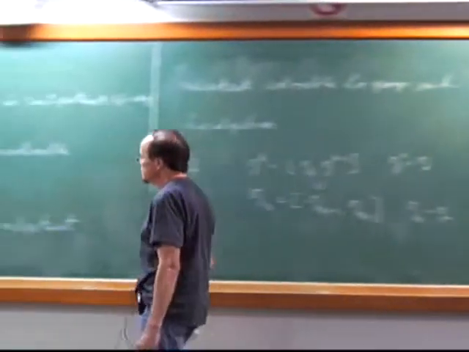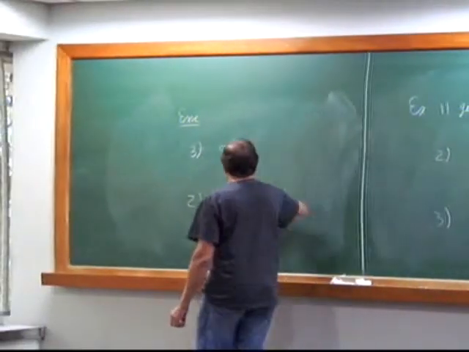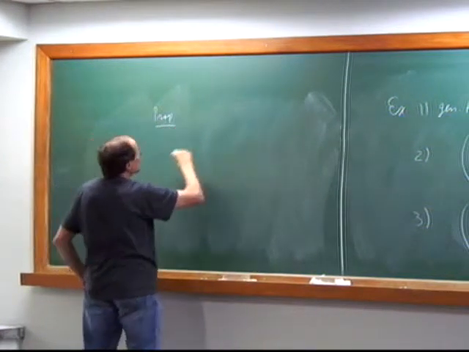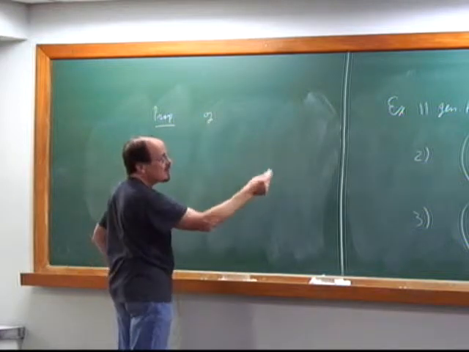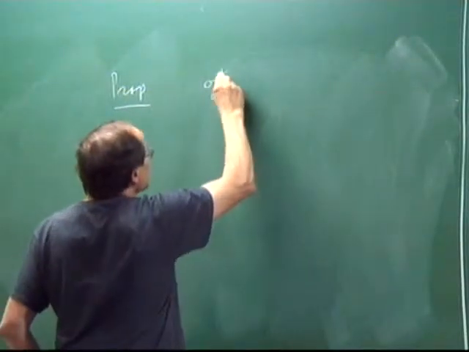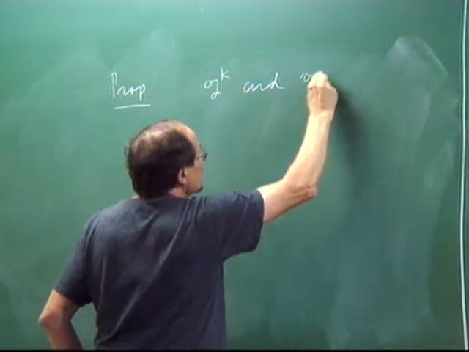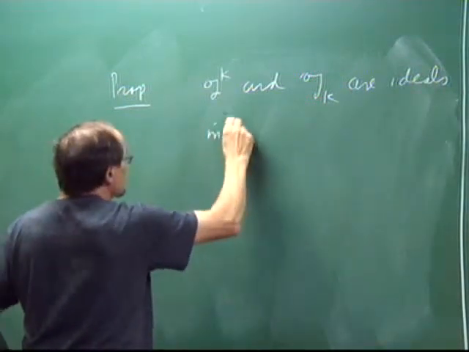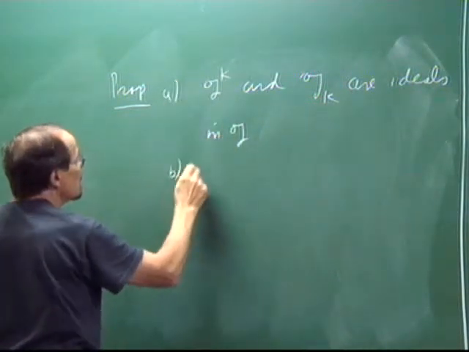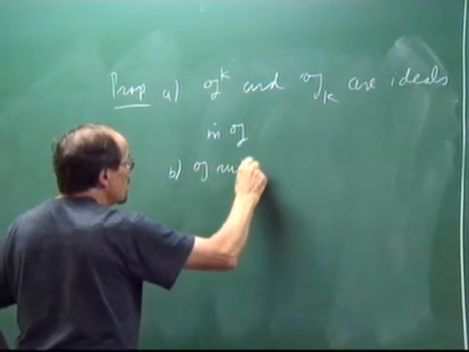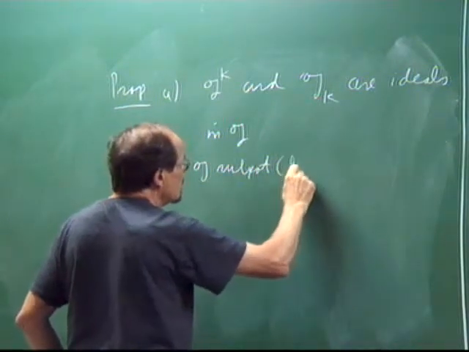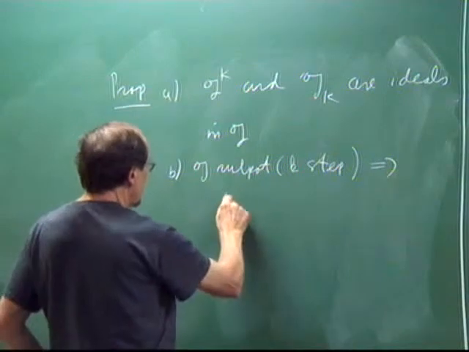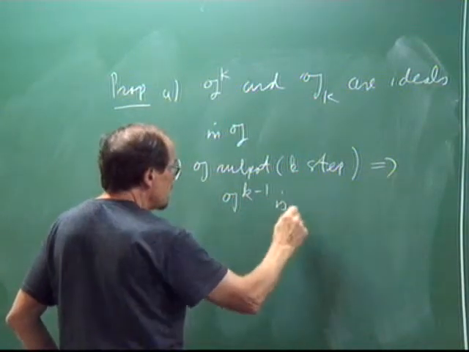Properties. First, the lower and upper series defined over there: G^k and G lower k are ideals in G. If G is nilpotent k-step, this implies that the last one, G^(k-1), is an abelian ideal.